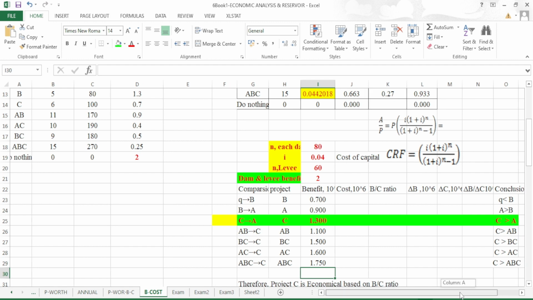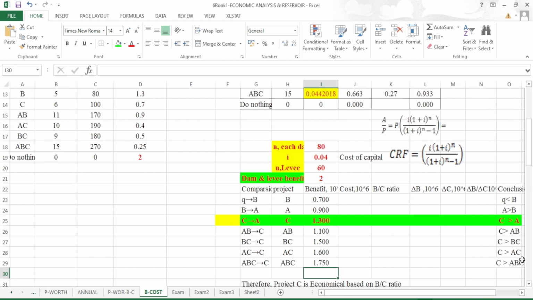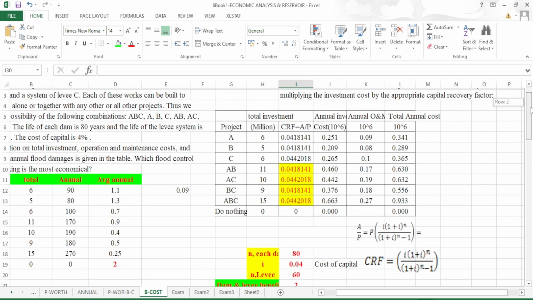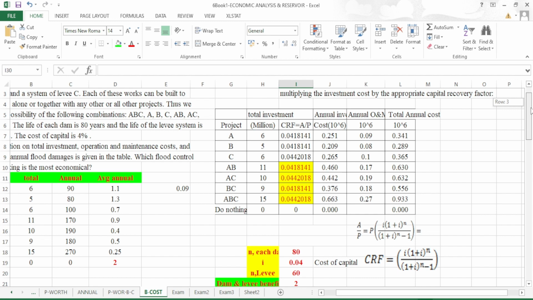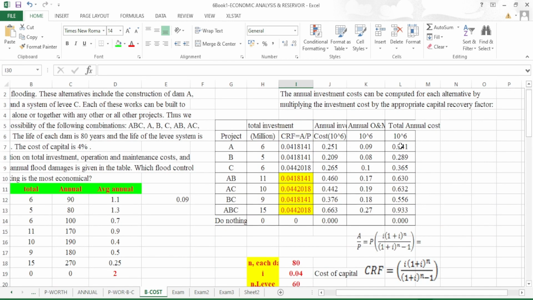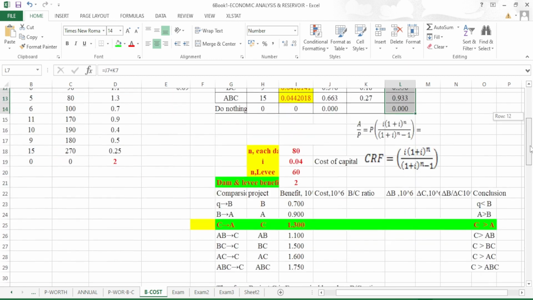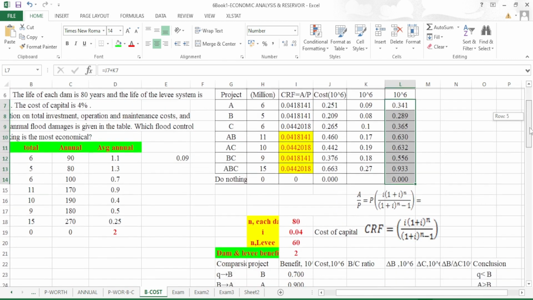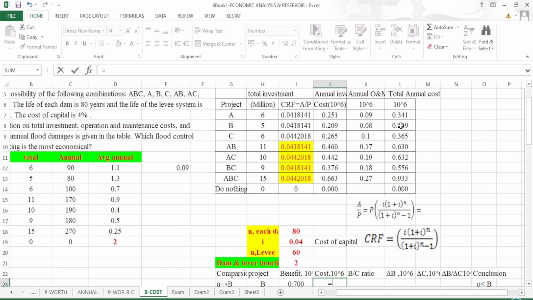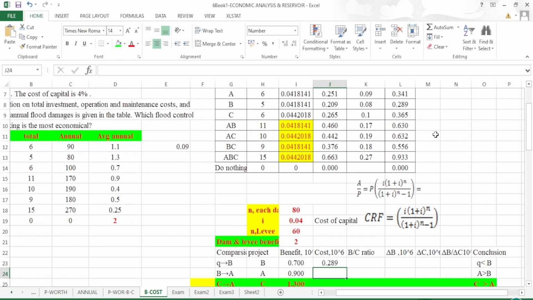Next, I'm going to estimate the costs of each project. I already estimated the cost of each project here. This is the total annual cost for each project, so I can take it from here directly. The cost of project B is 0.289.